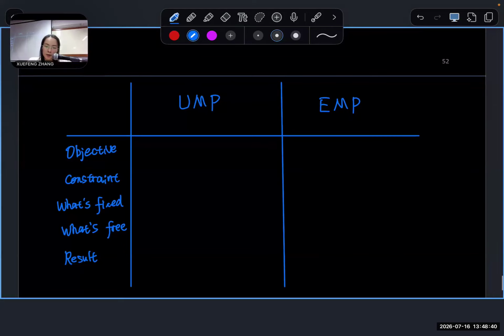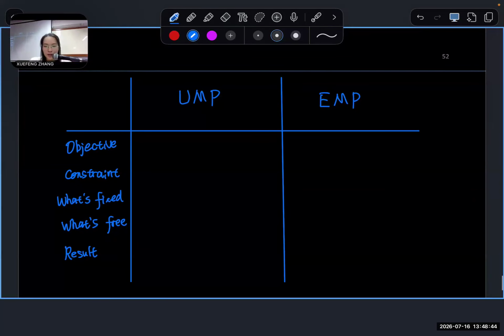Let me go through it quickly because I think I summarized it before. The objective for utility maximization is to maximize utility, and the constraint is that your income is fixed. So what is free? Utility is free. The result is Marshallian demand.